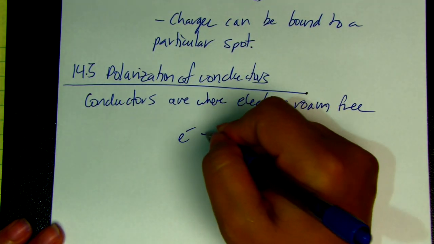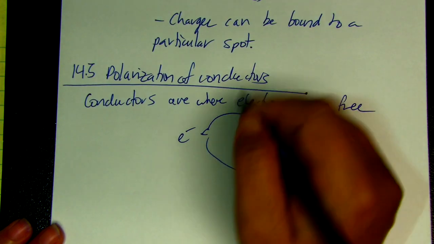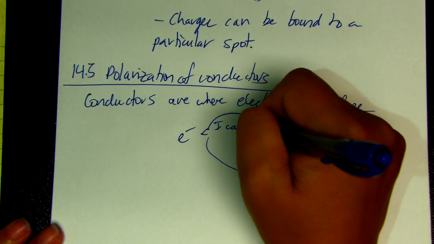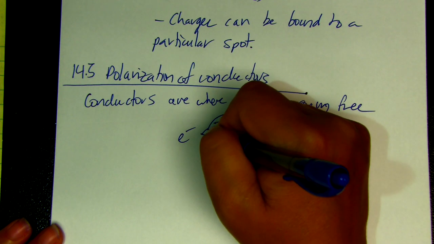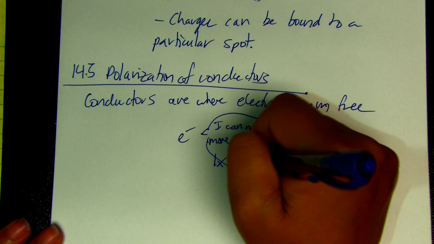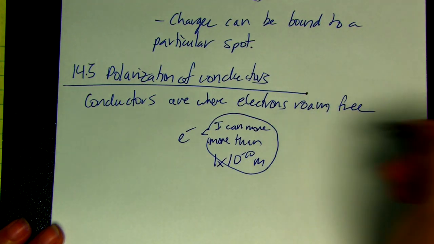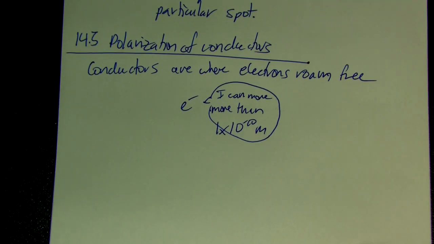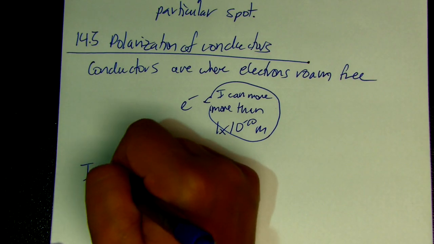So here's the electron. It's very happy. It says, I can move more than 1 times 10 to the minus 10 meters. Yay! All right, so ionic solutions are conductors.